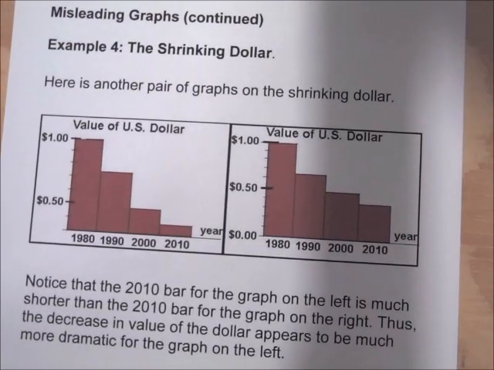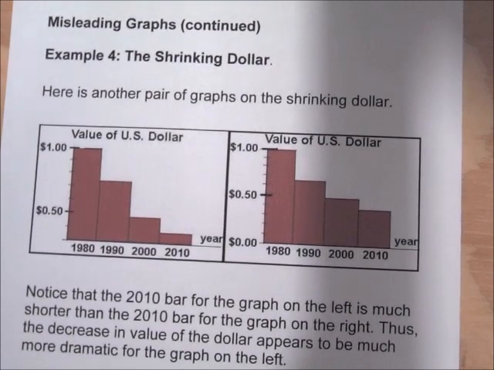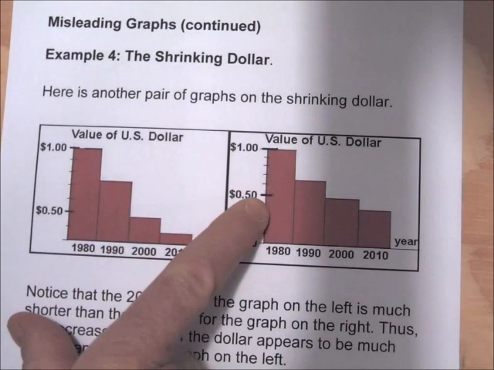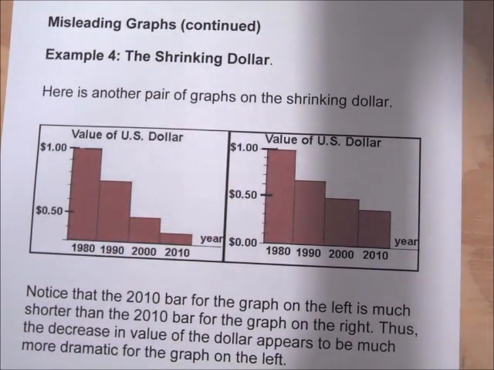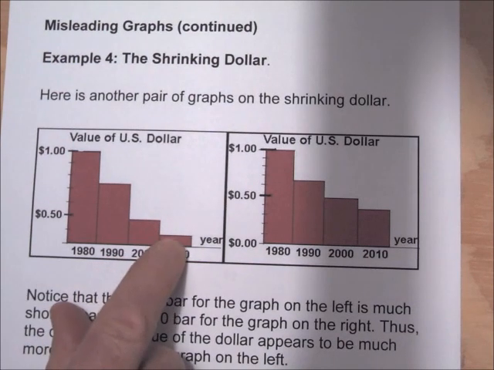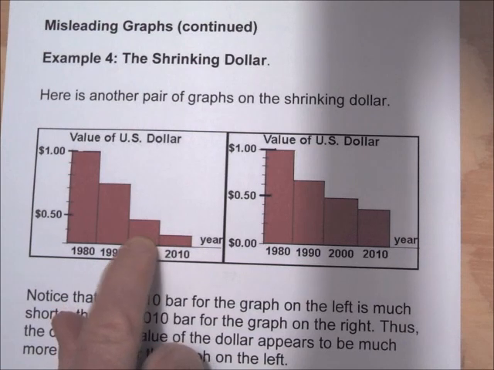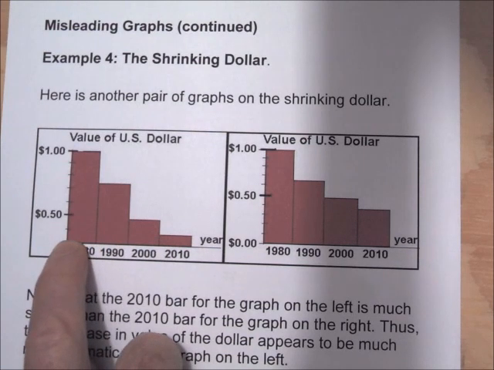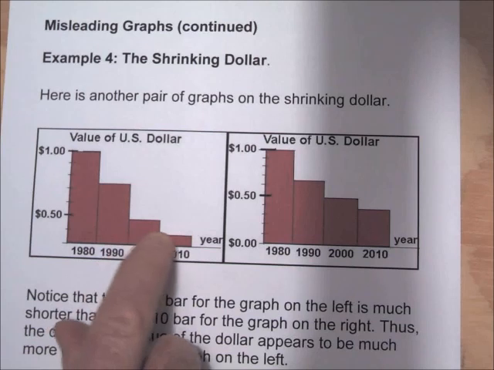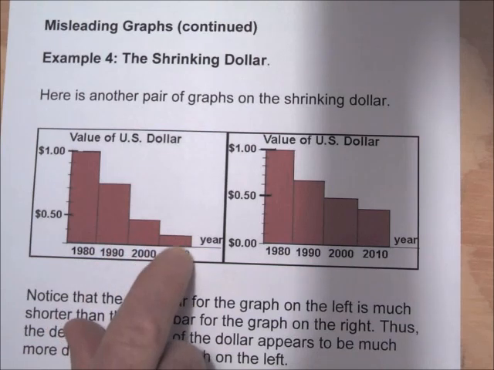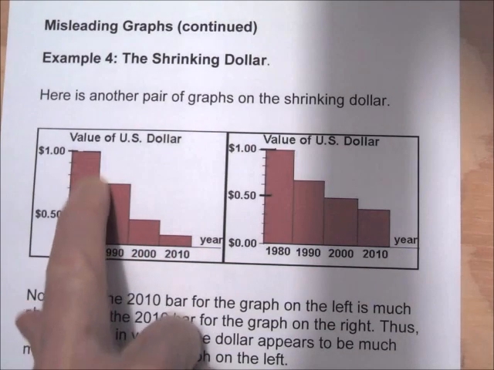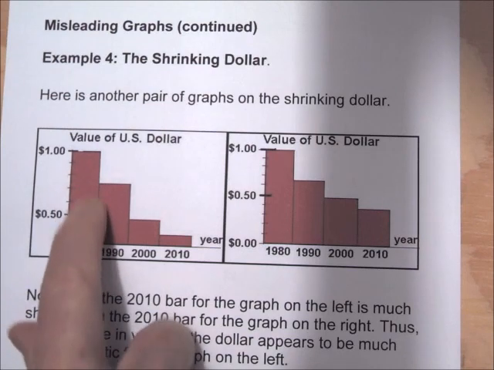Okay, another misleading graph. Now these two graphs are both based on the same data. Again, they're the declining value of the dollar. Here it looks like the dollar's worth maybe about 40 cents in 2010 compared to what it was worth in 1980.